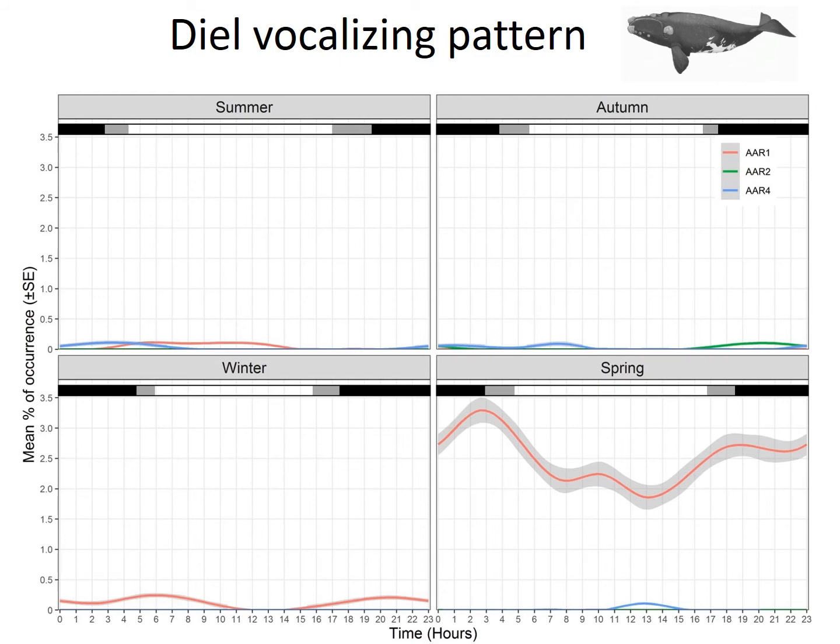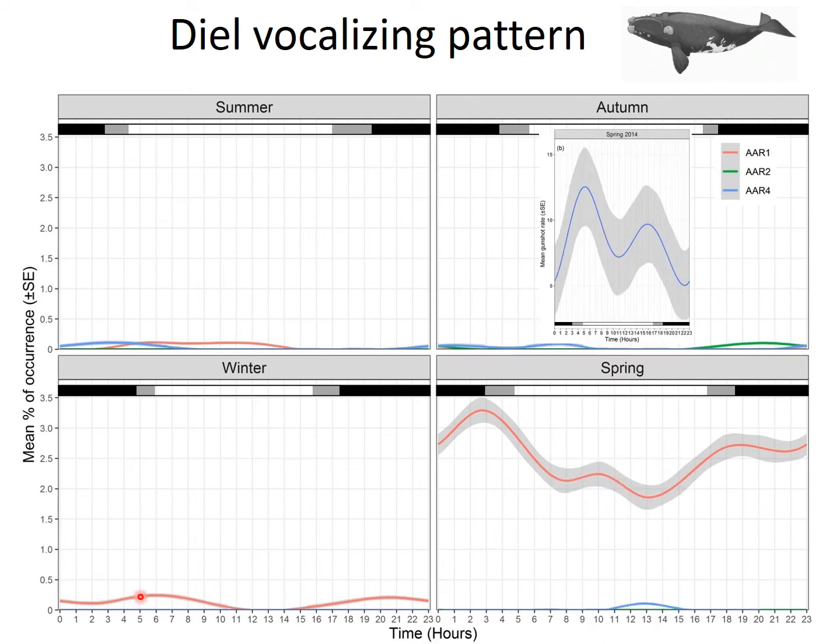But for spring, there was a clear pattern where fewer sounds were detected during the day, and they seemed to increase just before sunset, and then at night we had a high, and then just after sunrise, just after dawn, there was a drop again in sounds. And the same in winter, where it seemed to be slightly delayed, where the increase was just after dawn, and then during the day it dropped again. The call rates seem to follow the same pattern.